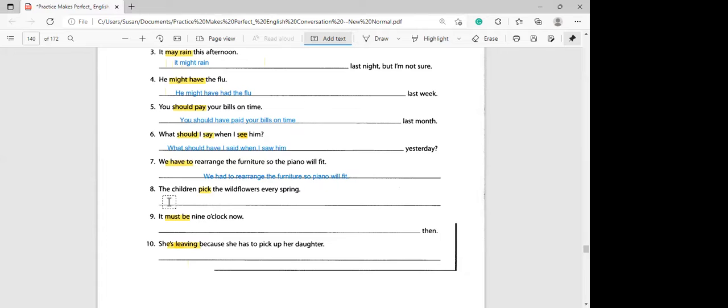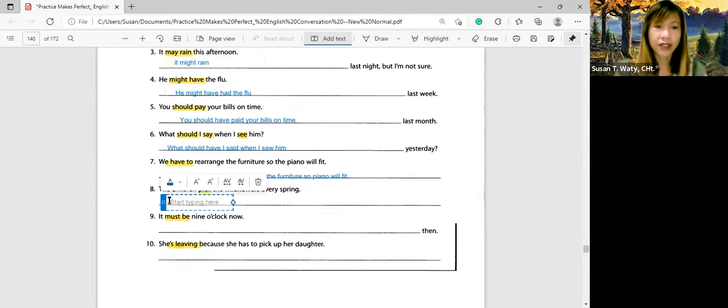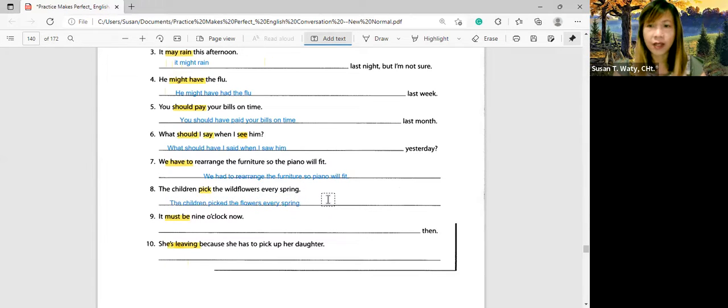Pick plus ed, yes, you're right. The children picked the wildflowers every spring. That's just a straightforward past tense. Thank you, Brian.